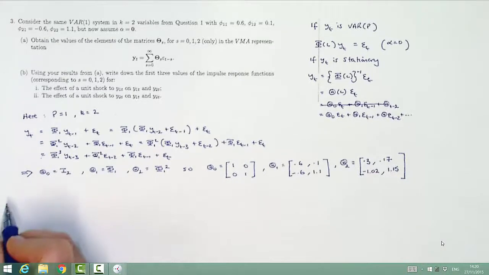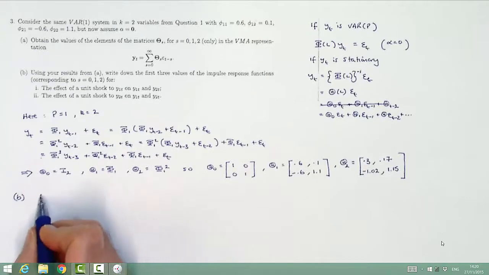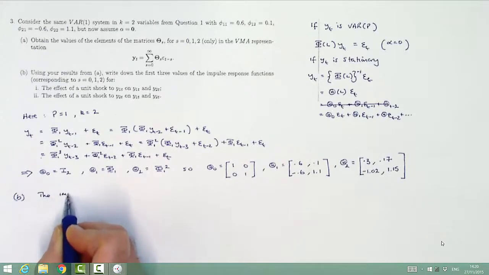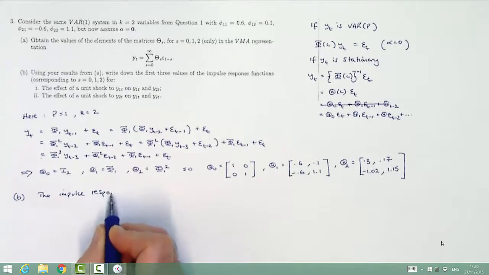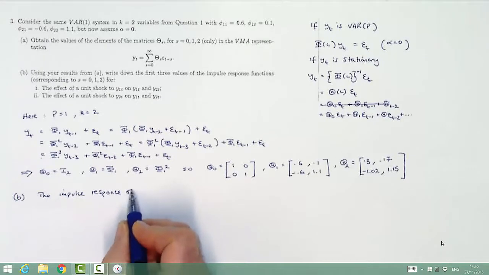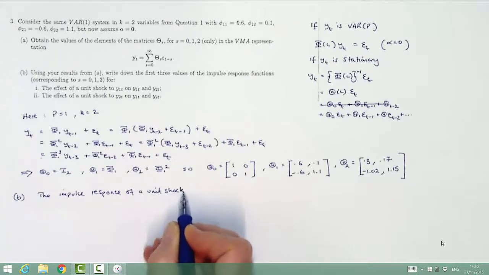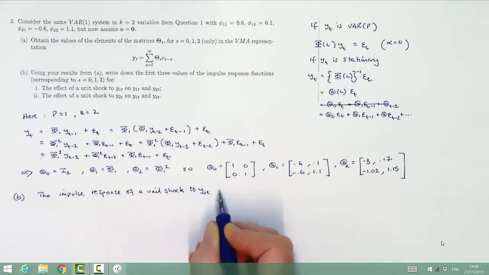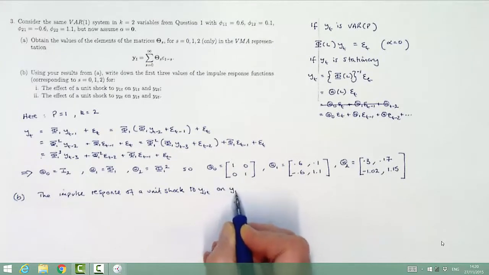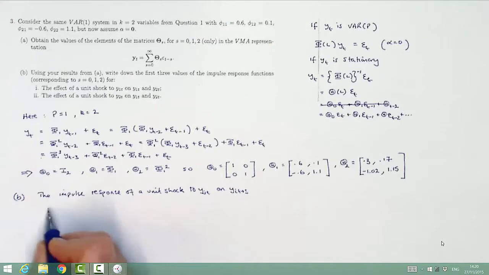Now moving on to part B, we're asked to calculate certain impulse responses for this VAR(1) system. Recall that the impulse response of a unit shock to y_jt on y_{i,t+s} can be defined as the partial derivative of y_{i,t+s} with respect to the shock to y_jt, which is just epsilon_jt.